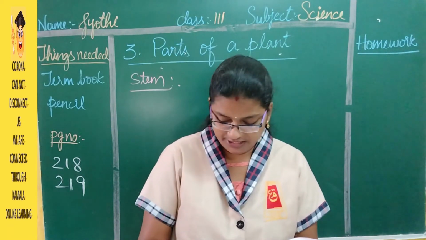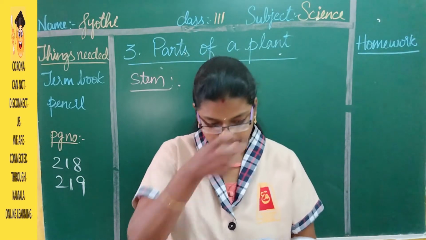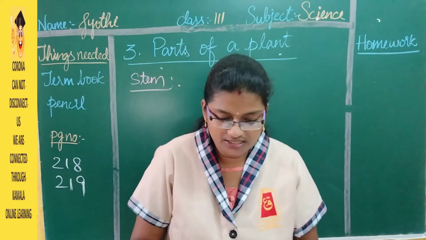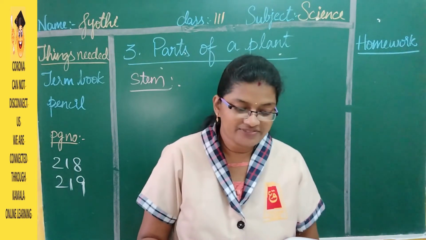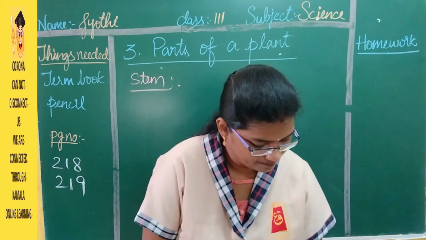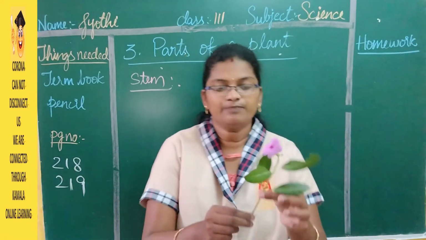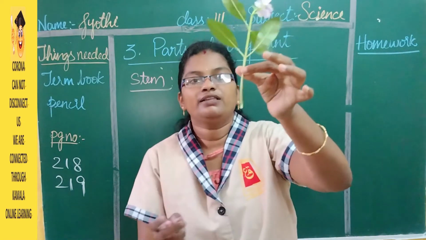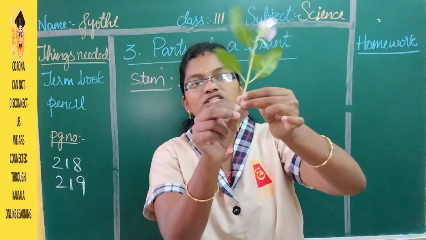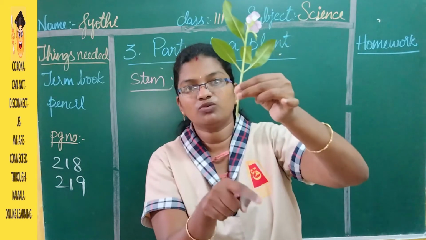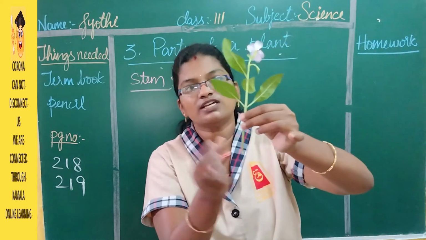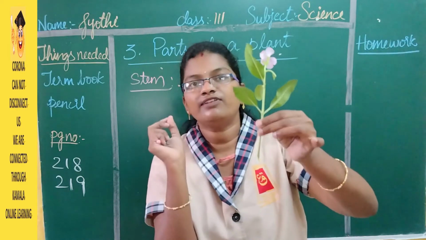So the second use, that is page number 219. It connects the roots to the leaves and flowers. So here you see, for this plant there are no roots. So the stem is going to connect the roots down here, and the leaves and flowers.